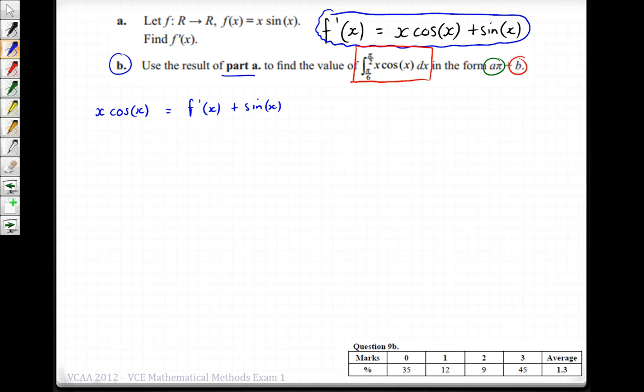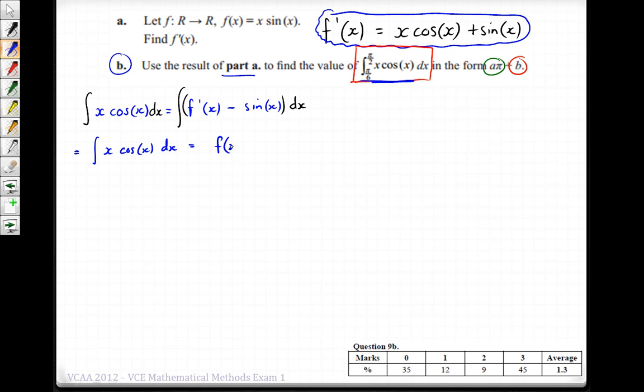Okay, so I hope you've just seen that I've rearranged that by moving the sine x from this side to this side, and it became minus sine x. So now we can integrate all of this with respect to x. And we should get that that equals the integral of x cos x dx. And that's what we want up here, but actually I'll evaluate this one.